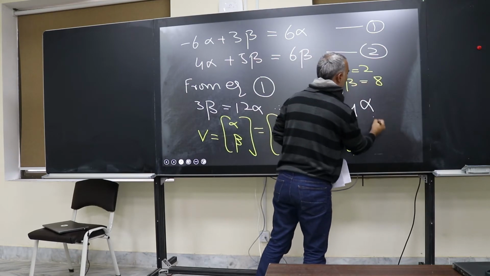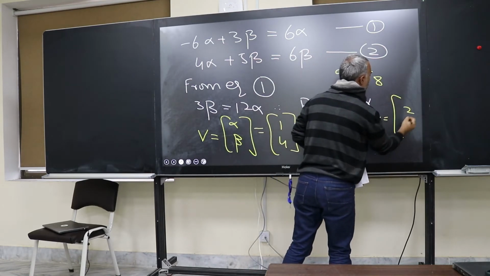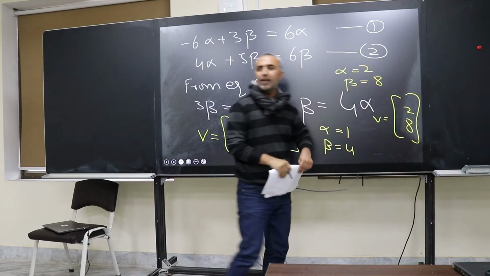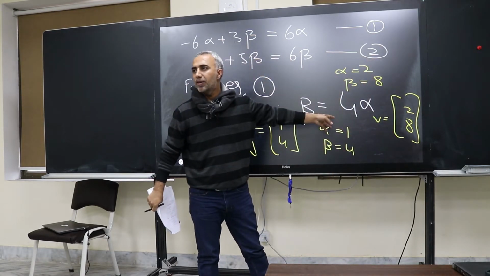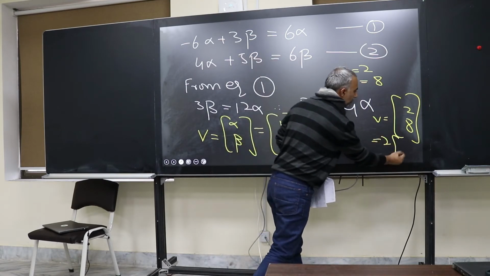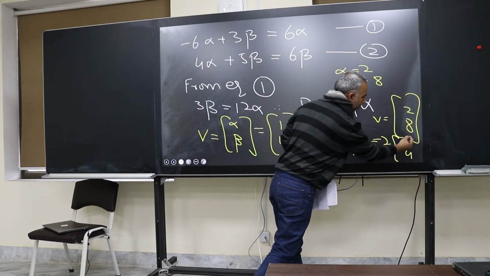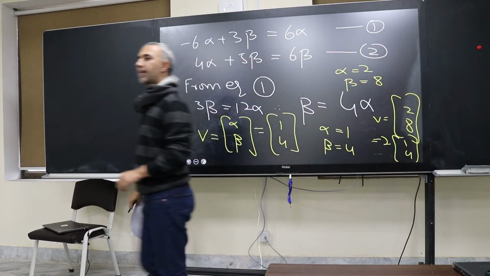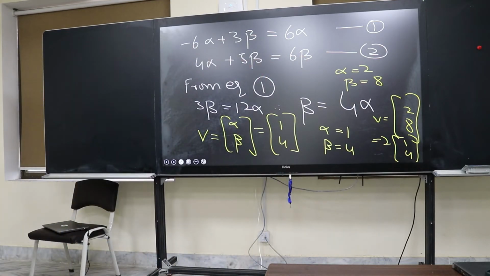You are writing v equal to 2, 8. Then is there anything common in it? 2. Then you can write 2 times 1, 4. Basically the vector is this. On intuitiveness, you need to utilize your wonderful brain. Are you getting my point?